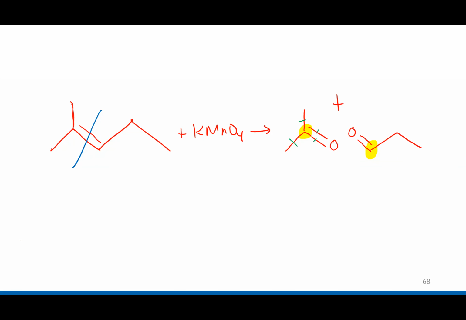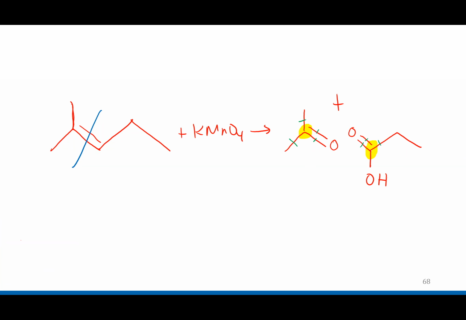That carbon on the left has 4 bonds. It cannot take any more oxygen. The carbon on the right, however, has 1, 2, 3 bonds. So I can add one more bond to that. So I add an OH. And there we go. That's your two products. That would be the oxidative cleavage of this compound.